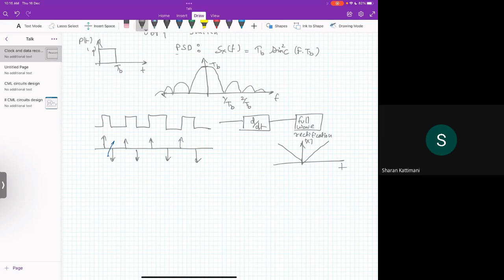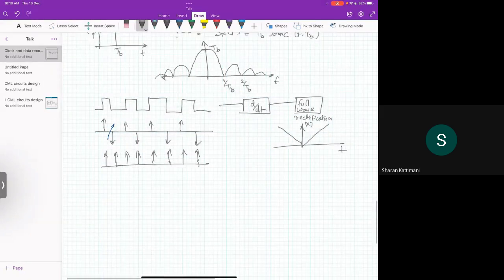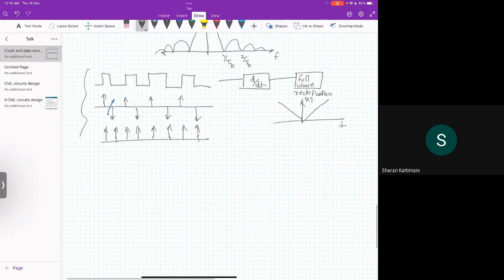So if you pass this through a full wave rectifier, you will get this kind of information in the time domain.